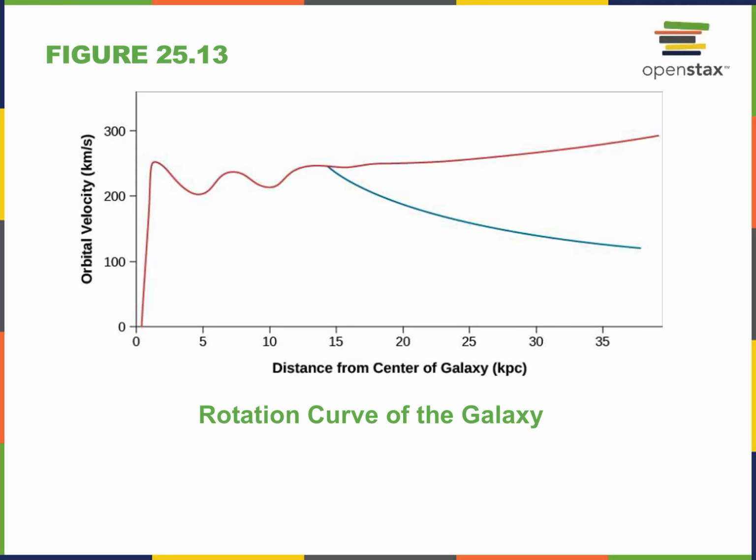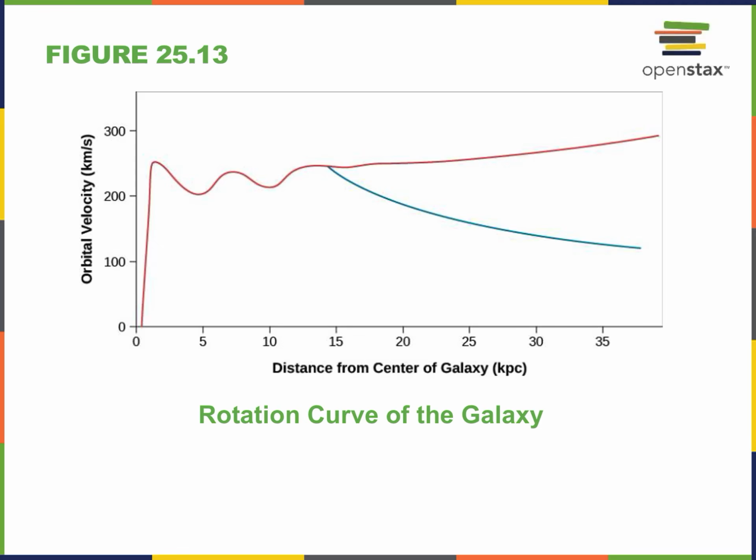We call this dark matter. It's dark not just in the visible, but also in every other type of light, including radio, infrared, X-ray, etc. How much dark matter do we need to explain the galaxy's rotation curve? At least 10 times more dark matter than visible matter.